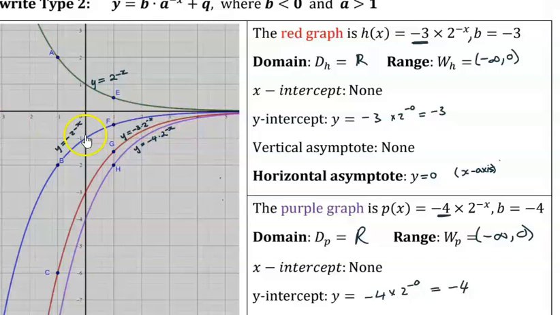Then y equal to minus 3 times 2 to the minus x will be above y equal to minus 4 times 2 to the minus x all the time. And those two, the red and the purple one, will be below the graph y equal to minus 2 to the minus x, because the absolute value of b there, which is minus 1, is 1.